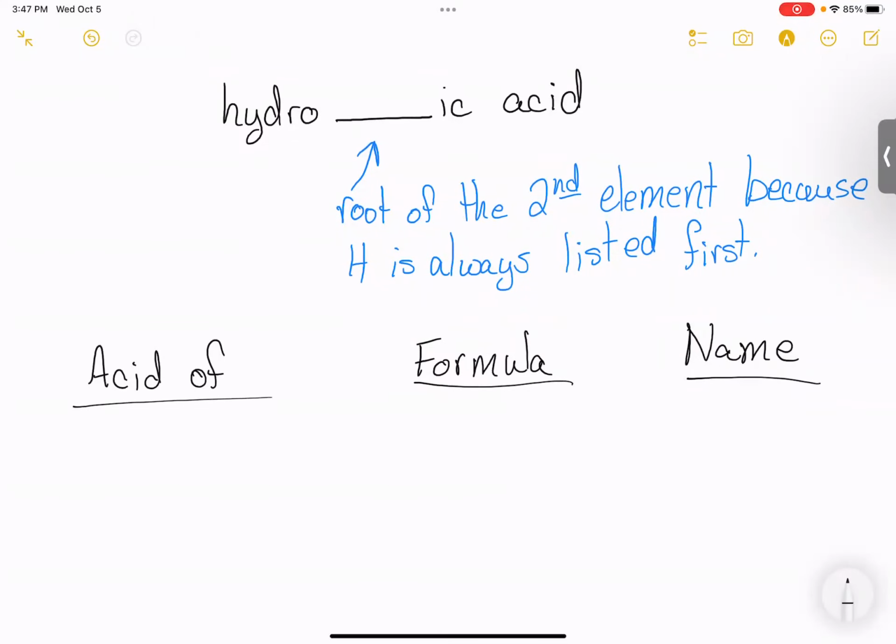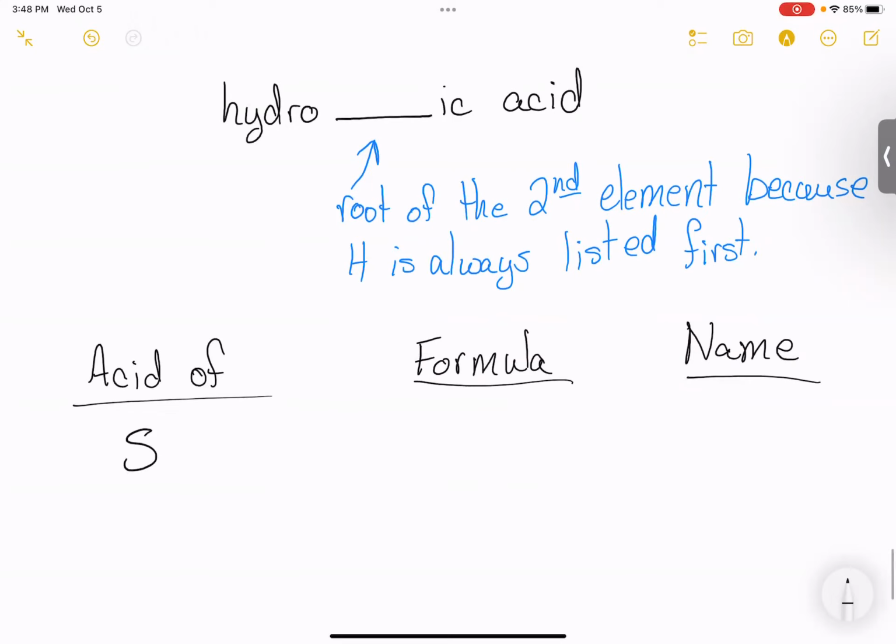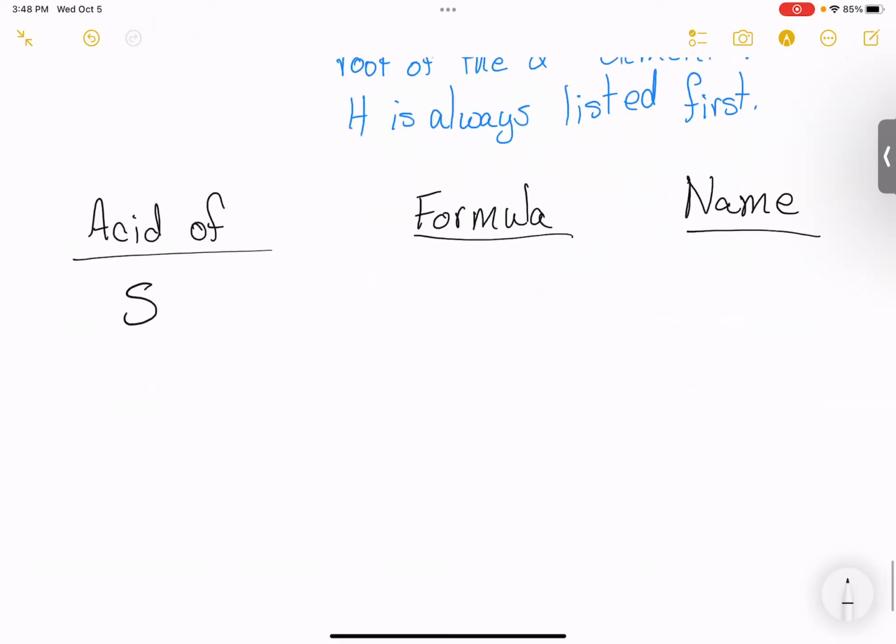We're going to talk about the acid of sulfur. What would be the charge on a sulfur? -2. That means we need 2 hydrogens. And then we're going to finish it up with AQ. That's the formula.